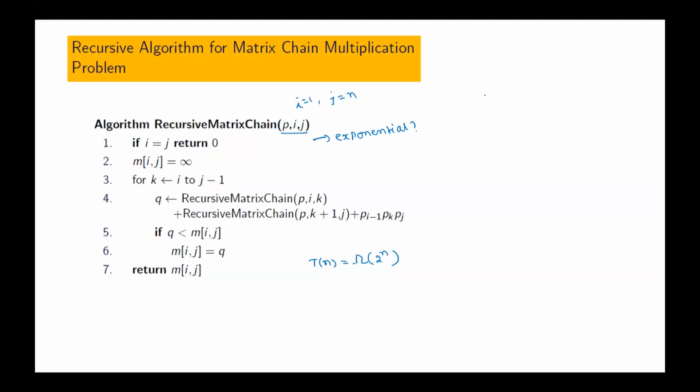Why 2 power n? If there are n matrices, on one side one matrix and on the other side n minus 1, or one side 2 and the other n minus 2, and so on, one side n minus 1 and the other side 1.